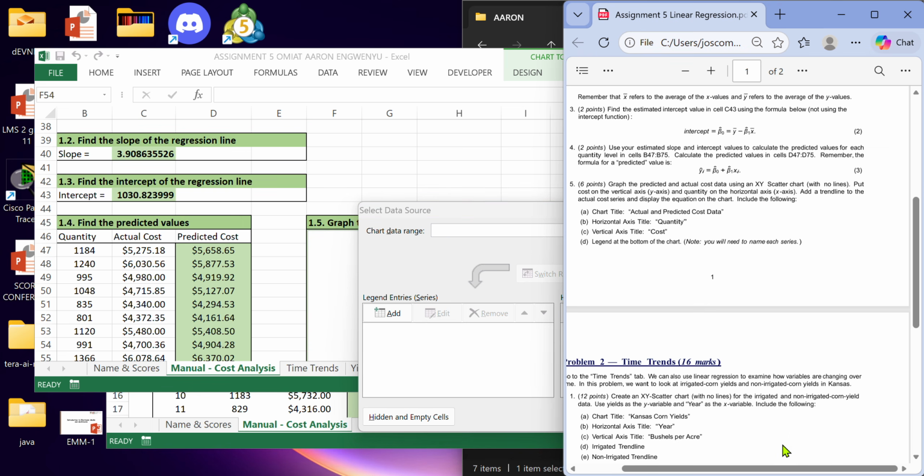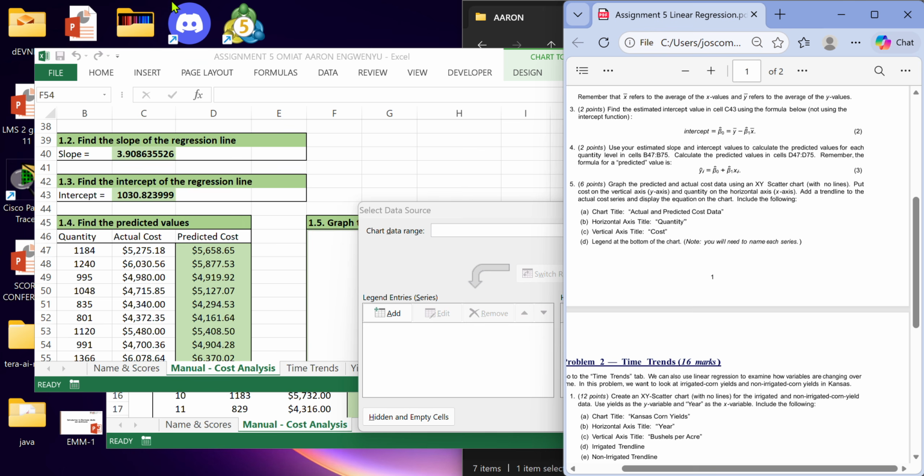Let's see what it told us: put cost on the vertical axis. So cost, which cost, and quantity. Graph the predicted and actual cost data using the XY scatter plot with no lines. Put cost on the vertical axis and quantity on the horizontal, and add a trend line to actual and predicted cost data.